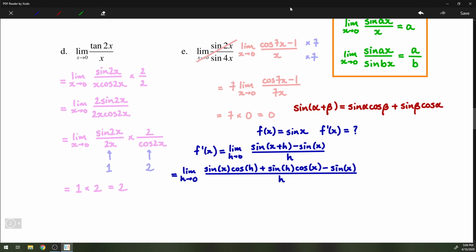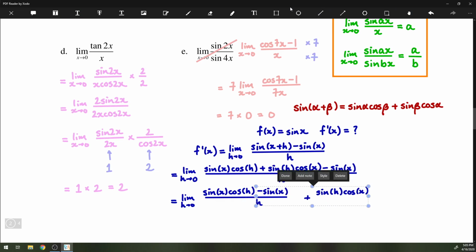The first one, of course, is to write the terms with sine x together, and we're going to separate it into two parts. So the first part will be, like I said, grouping the sine x's together. So we have sine x cosine h minus sine x, divided by h. And then we're going to add sine h cosine x all over h.